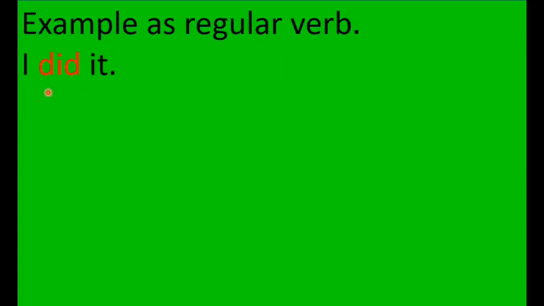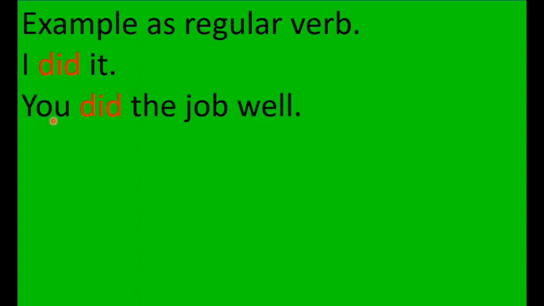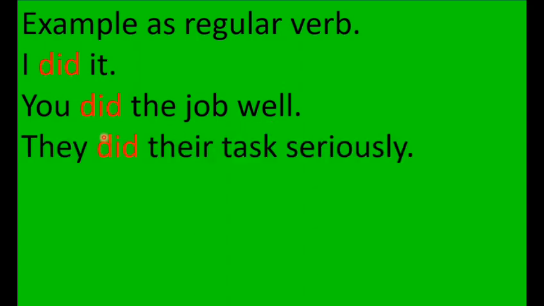Okay, like this one. I did it. Now, did here is acting as a regular verb because there is no other verb in the sentence. Next, you did the job well. Okay. Next, they did their task seriously. Now, first we have here first person, second person, and third person.